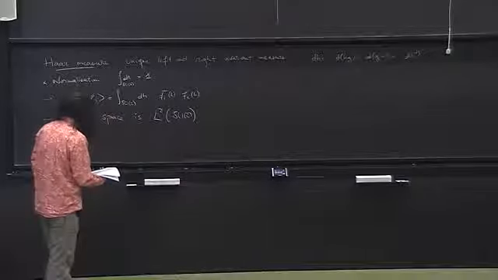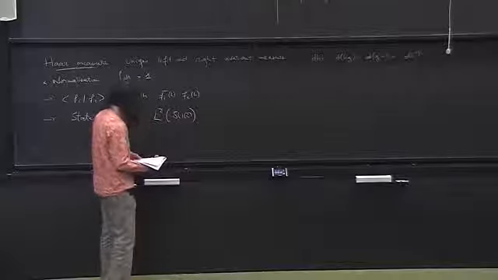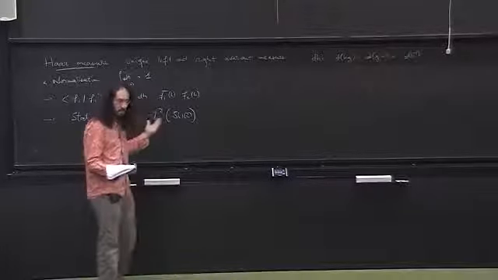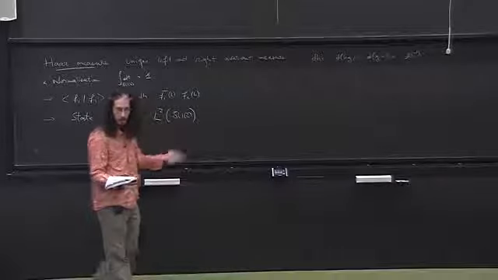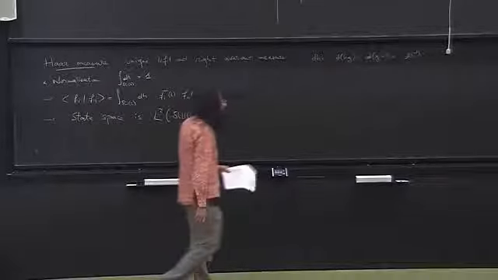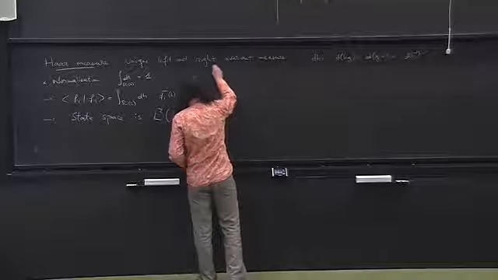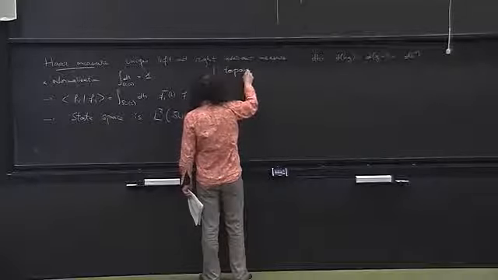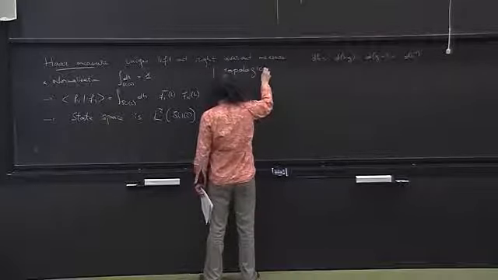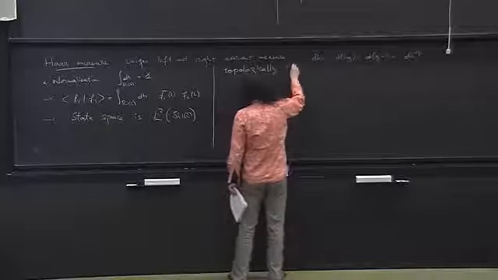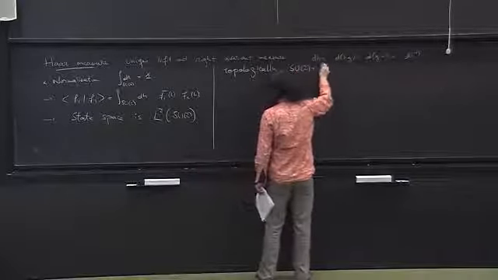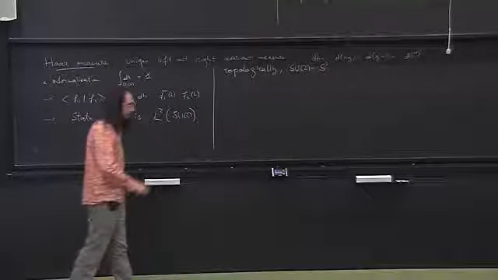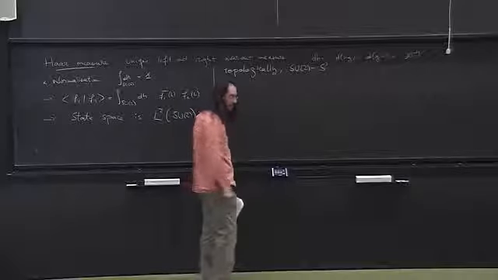So maybe we should try to write a bit more explicitly what's the Haar measure on SU2 in terms of some parameters that can be used to put coordinates on SU2. So topologically, SU2 is the three-sphere, the three-dimensional sphere as a topological space.